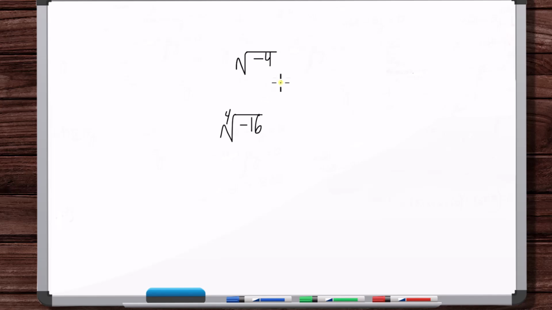You can think about how, yes, complex numbers might have been invented to answer questions like this, but once they're invented, you have to treat them like any other number and integrate them fully into mathematics.